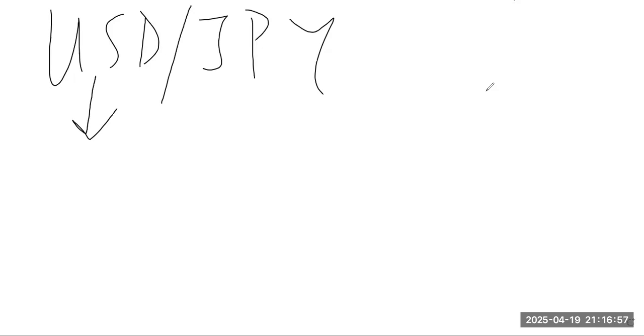You get it? Then for JPY pairs, pairs that have JPY as the quote currency, let's say a pair like USD JPY. You can see that this USD here is now acting as the base currency, the Oga.